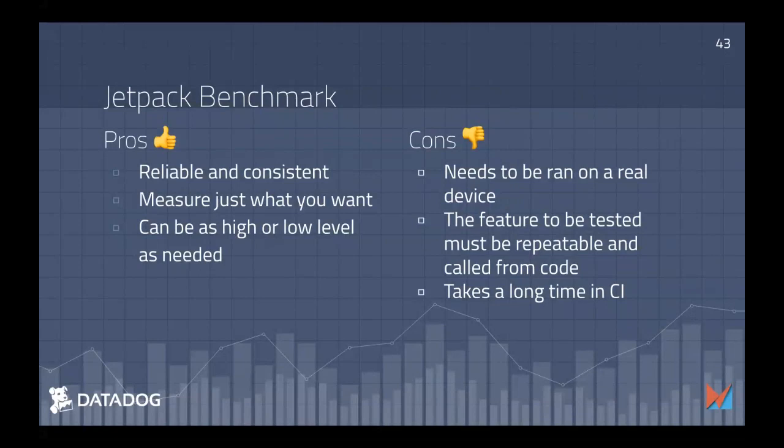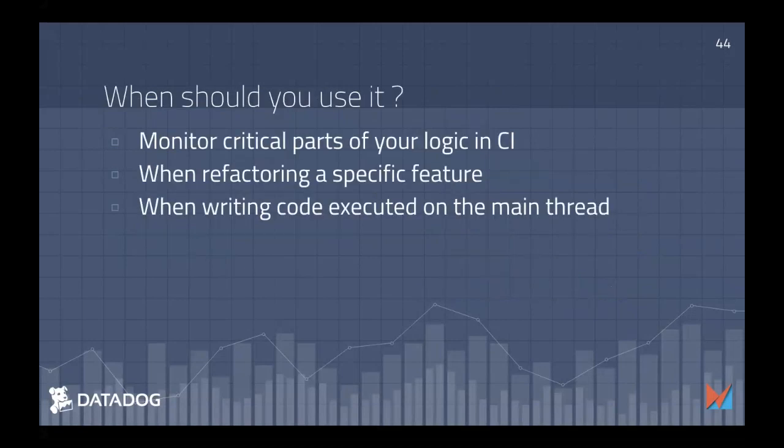You need to be able to reset the state every time you want to run the code you want to test. And of course, it takes a long time in CI, because again, this is repeated over and over and over again, meaning that every test that you measure is going to be repeated at least 50 times, meaning that it can take a long time to run.